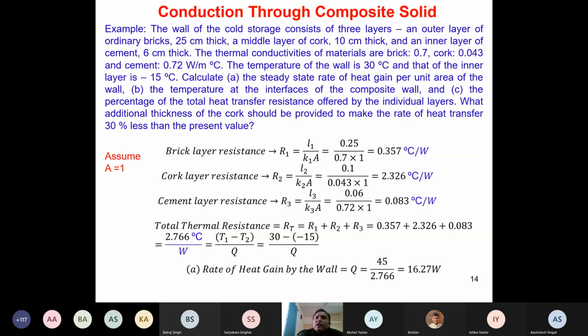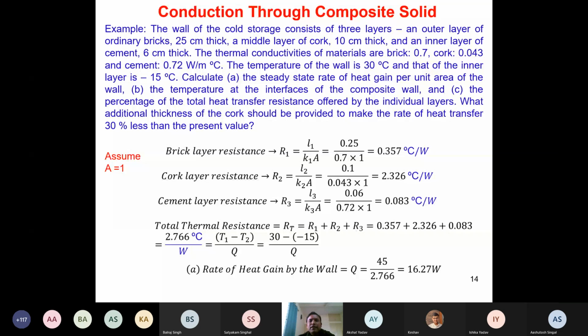Here you can see these three insulating layers are applied in order to maintain the temperature of minus 50 degrees Celsius, and the outside temperature is the ambient temperature, around 30 degrees Celsius. So we want to minimize the heat transfer from the refrigerated area at minus 50 degrees Celsius to the ambient at 30 degrees Celsius.